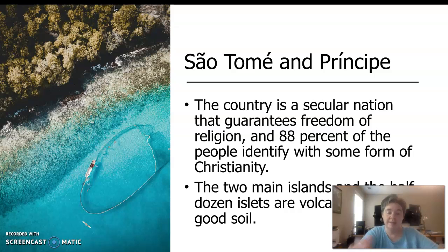And as I said, the 2 islands and maybe a half dozen littler islands, so they're all volcanic. So they have decent soil. It's not like they're coral islands. Coral islands tend to have very poor soil, where volcanic islands tend to have rich soil. They have a lot of fishing on these islands, so fishing is a big industry. They started off as islands for sugarcane and slavery, and now those have both gone away, thankfully.